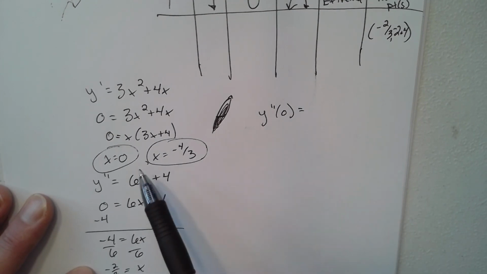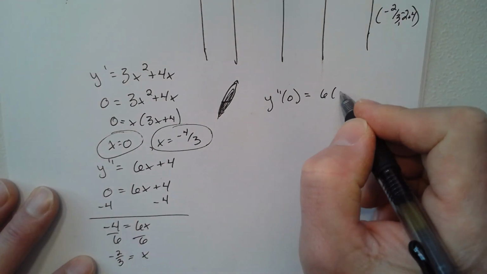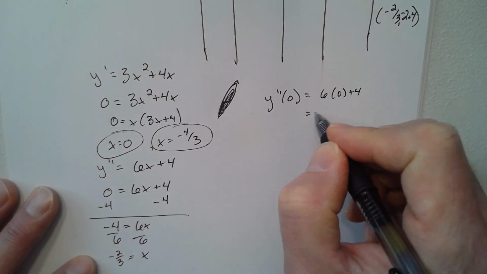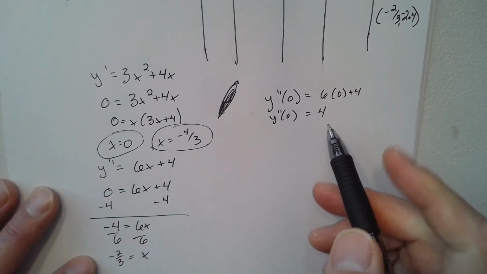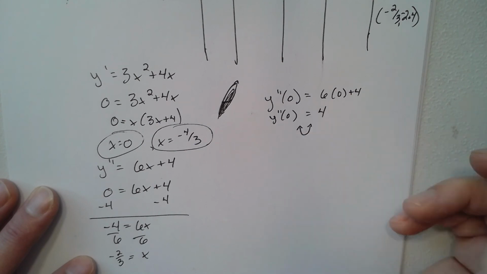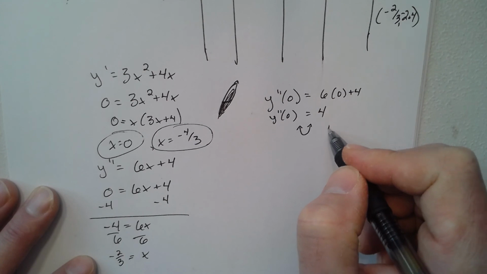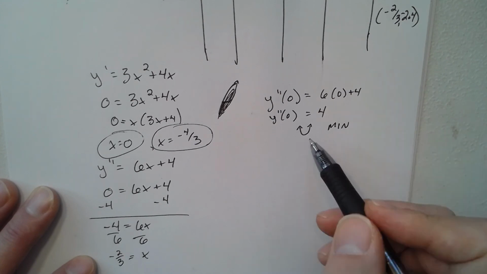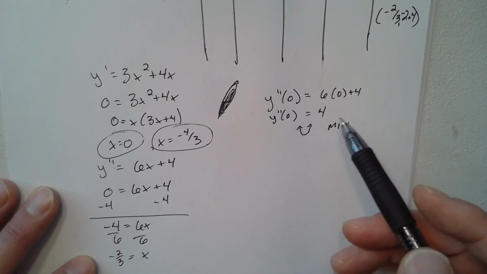If I put 0 into our second derivative, it's going to be 6 times 0 plus 4, so we get 4. That tells me that it's concave up, because the second derivative is positive at 0. And if it's concave up, then it has to be a minimum. So at 0, there's a minimum.